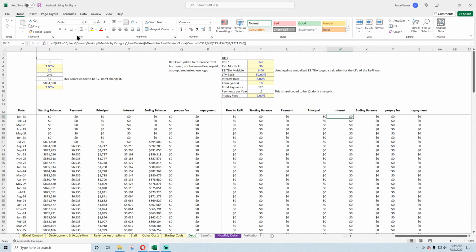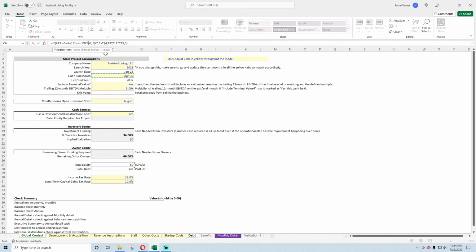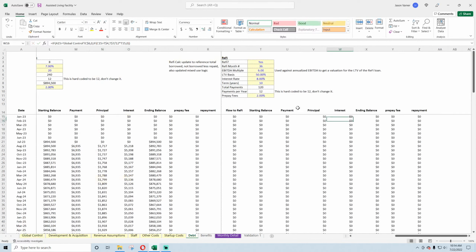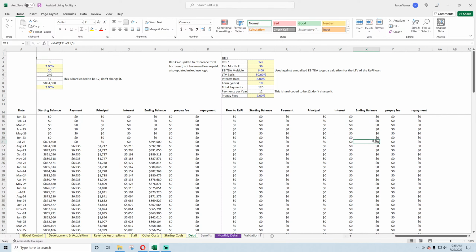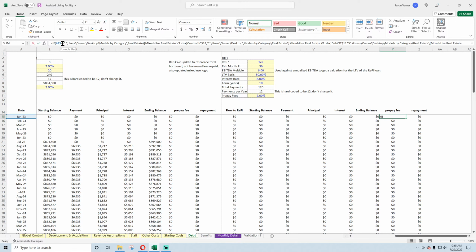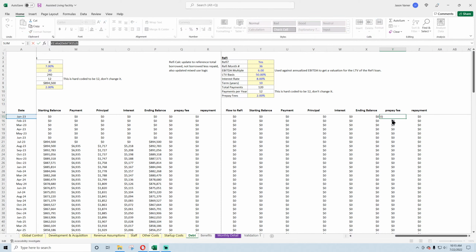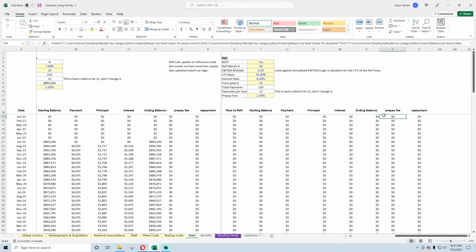That's fine. Here's another one. So this is just checking if the model is done yet or not. And if it is, it's going to 0. Okay, so that's good. Let's look up the ending balance. This is just formula. Oh, this is a big one here. Hold on.